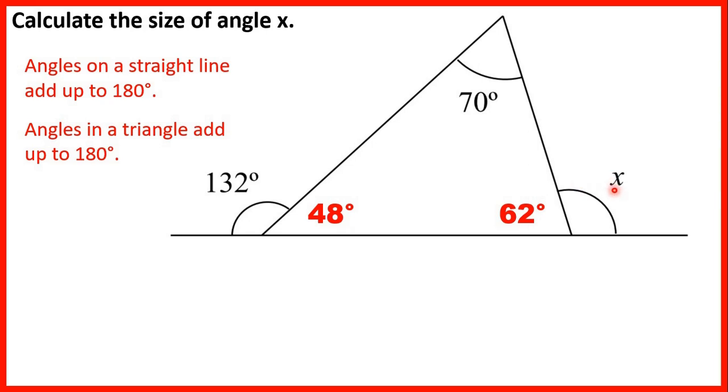So now we can find angle X, because here we have a straight line. We know that this angle here is 62, so this angle here has to be 180 minus 62, because angles on a straight line need to add up to 180. Again, we might need to use column subtraction, but we'll get 118 degrees for angle X.